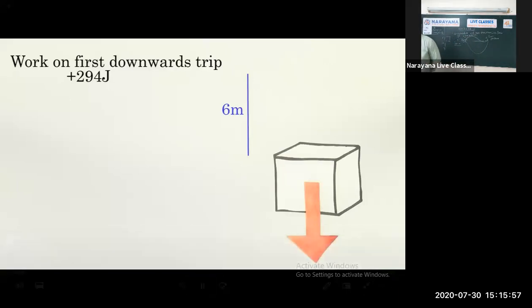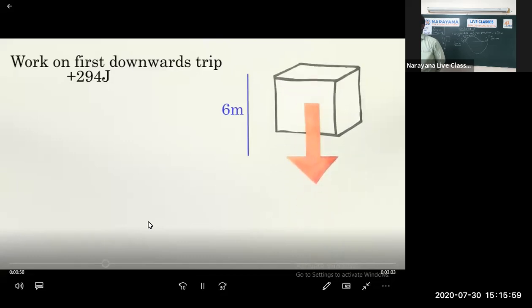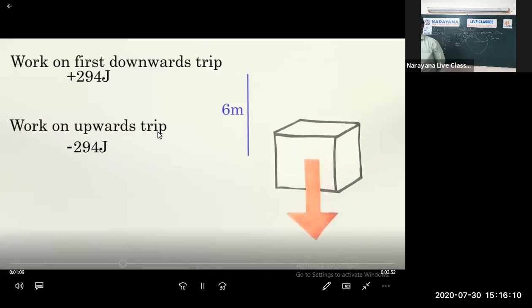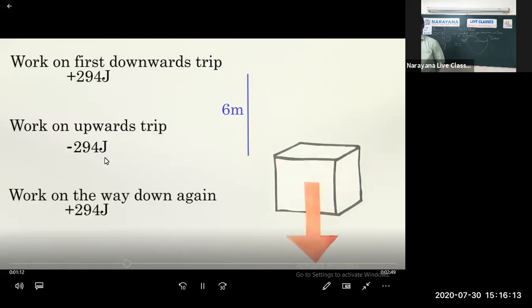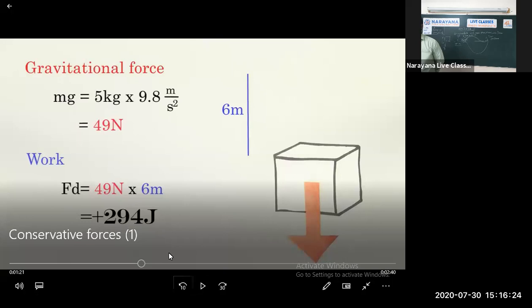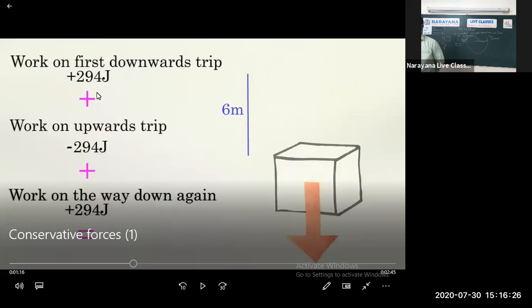See here, now when the block is moved in the upward direction, but the force of gravity is acting in the downward direction, in that case the work done on the upward trip is minus 294. Again, if you move it downward, the work done is plus 294.